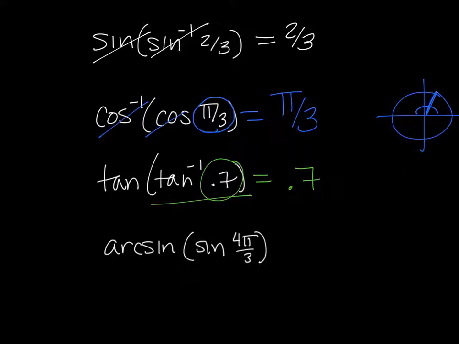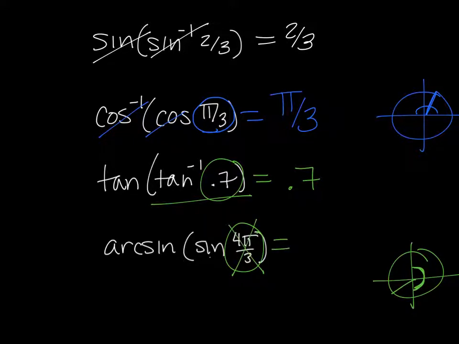Arc sine of an angle. Darn it, we've got an angle. So we have to draw our unit circle. Remember sine is in the first and fourth quadrants. This is 4 pi over 3. That's in the third quadrant. So we can't use 4 pi over 3. It's down here. 4 pi over 3, the sine value there is what, root 3 over 2. Positive. No, negative. Negative.